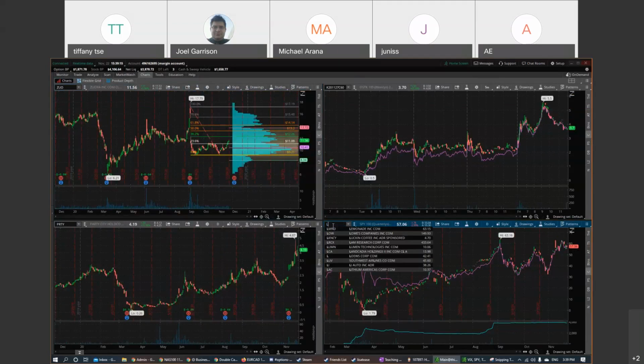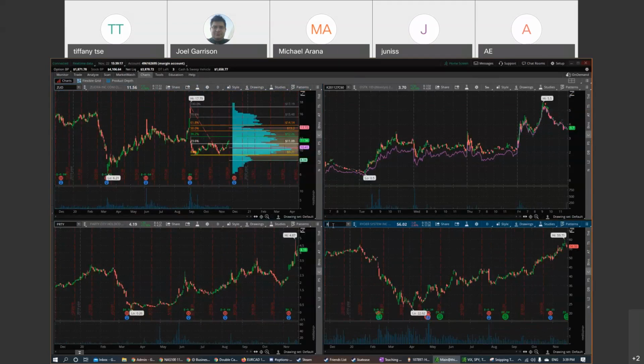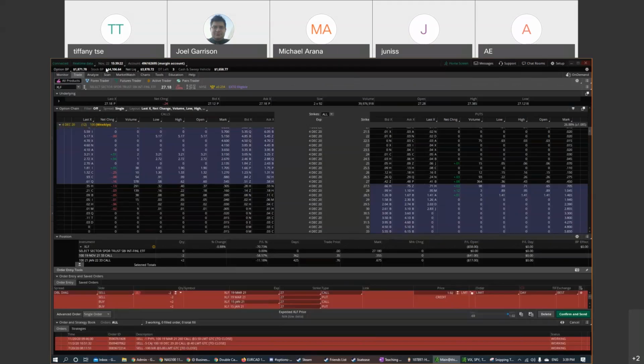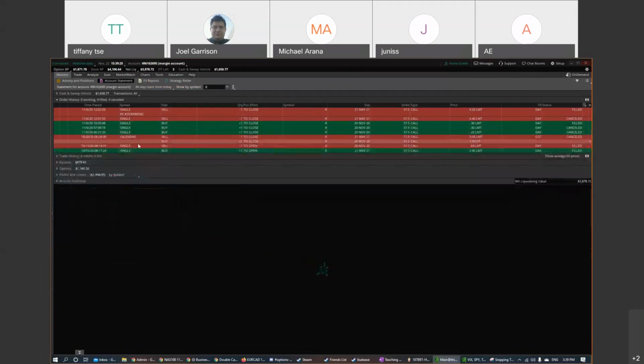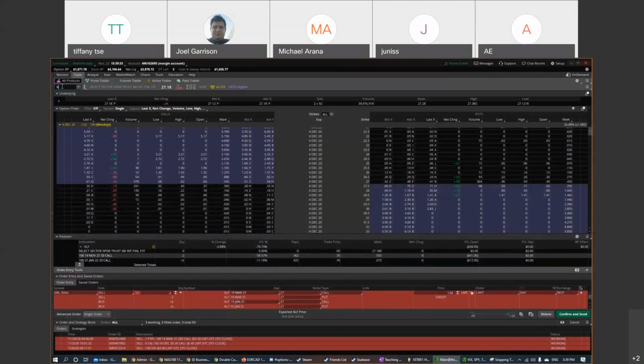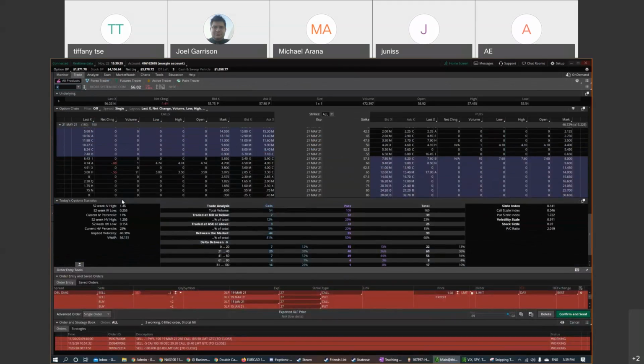Let's check R. So look at R right now. I want long on R in October. I didn't know when we were going to hit, and I knew that they had contracts for May.